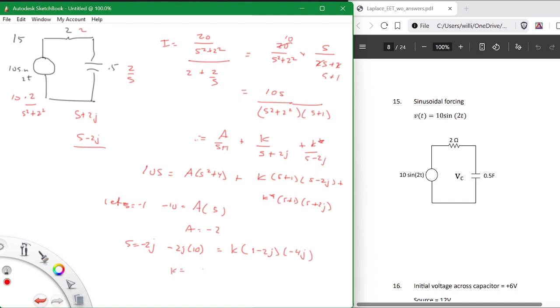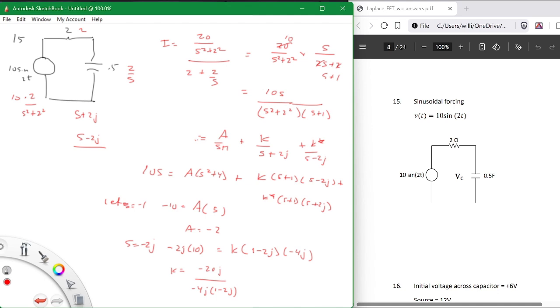K is equal to what? Minus 20j over minus 4j times 1 minus 2j. And that you can put in your calculator and get the answer. If you got a nice calculator, you can get the answer immediately in polar format. Everybody follow that?